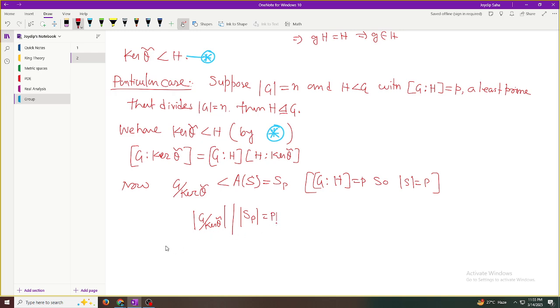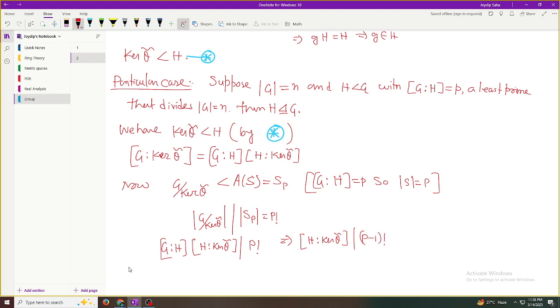Now G over H times H over the kernel of theta tilde divides p factorial. That means the index of H over the kernel of theta tilde divides (p minus 1) factorial.